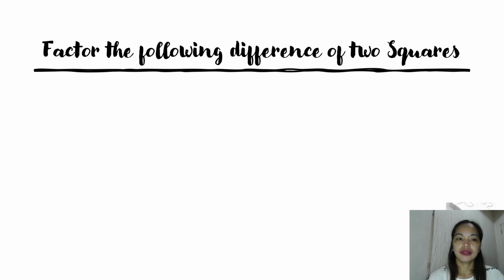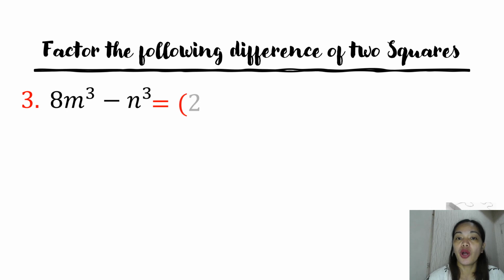Okay, so let's have another example. 8m cubed minus n cubed. So you will notice that they are all perfect cube. The cube root of 8m cubed is 2m. The cube root of n cubed is n. So, pagkatapos nating makuha yung first factor, madali na nating kunin ang second factor. Square mo lang yung 2m, and that is 4m squared.